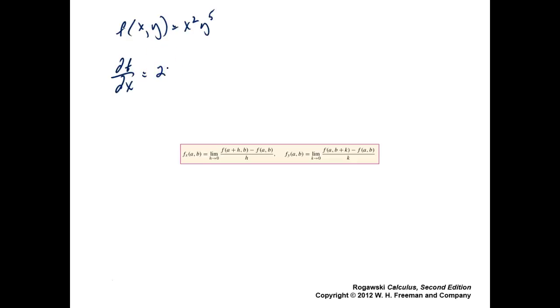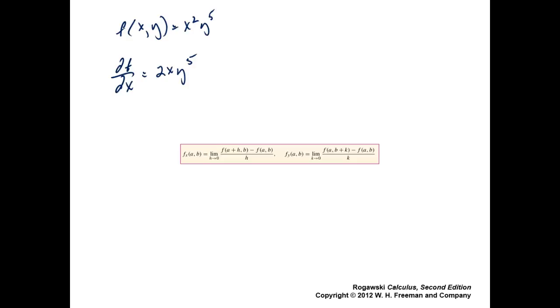Two x y to the 5th. You take the derivative of the x just like you normally did, but think of that y to the 5th as just a coefficient. It doesn't vary, it doesn't change, it's just there. So if you really thought of it as a coefficient, you might say 2y to the 5th times x, okay? If this is your exponent and that's your coefficient, 2y to the 5th times x.